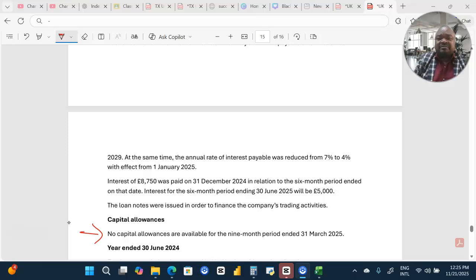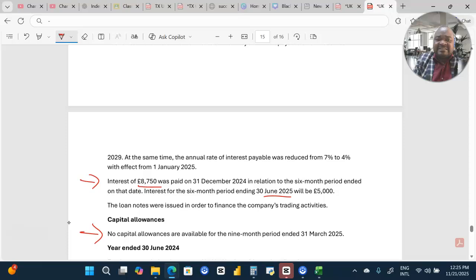So in this case, we are told that the company paid interest of 8,750 on 31 December for the 6-month period ended on that date. And then the other 6 months is due to be paid on June 30, 2025.